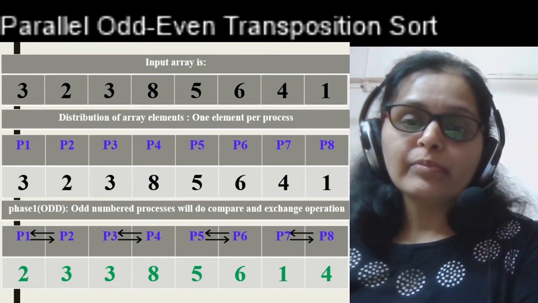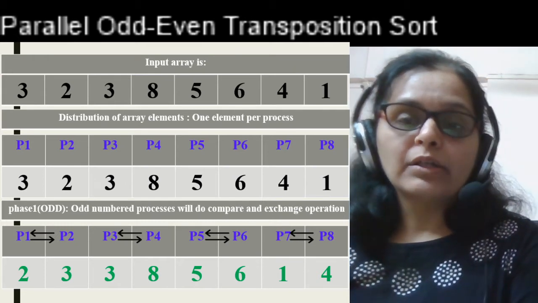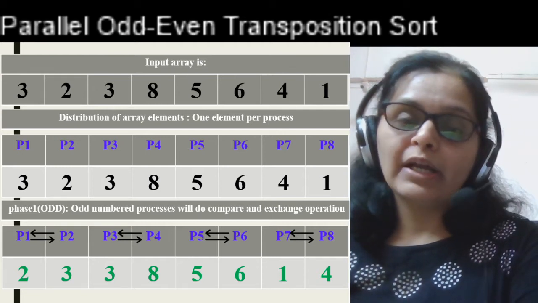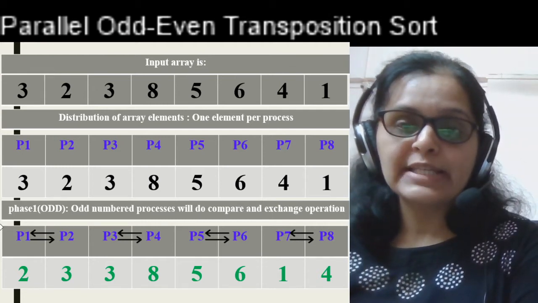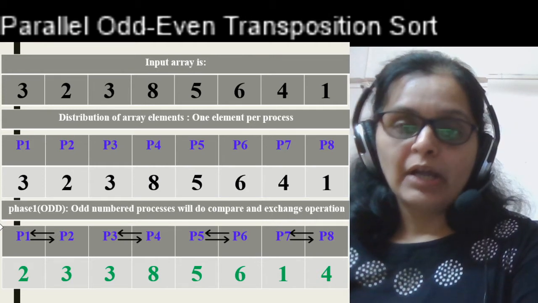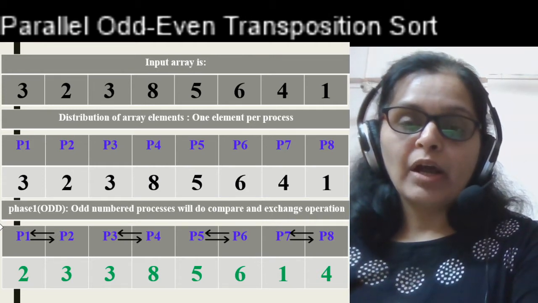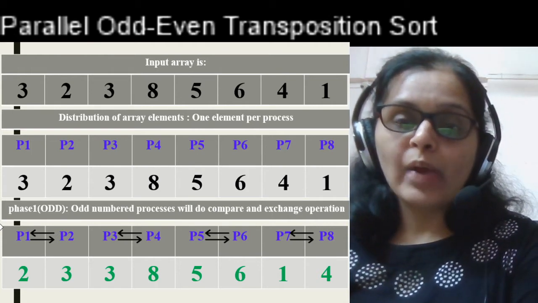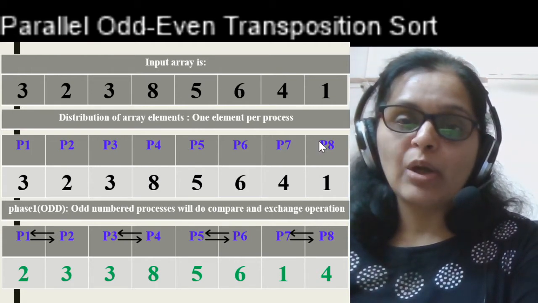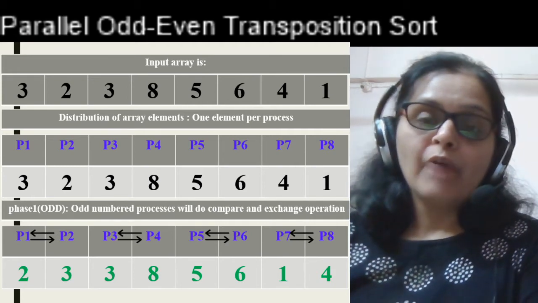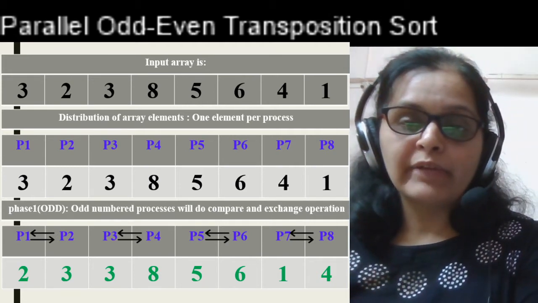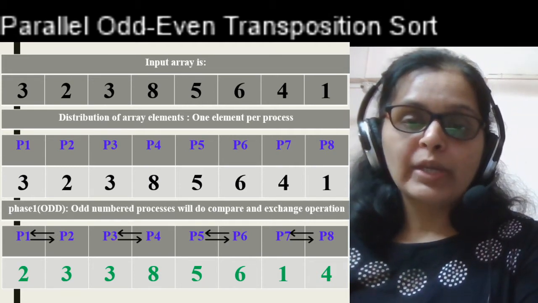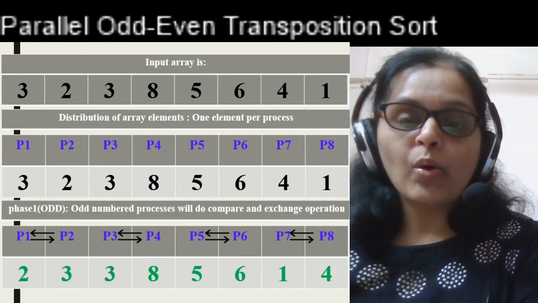So I conclude that the time complexity for this odd phase is O(1), which is exactly in contrast with our previous case, which was O(n). So in the sequential odd even transposition sort, phase-wise time complexity, we were getting O(n). So here it is reduced to O(1).